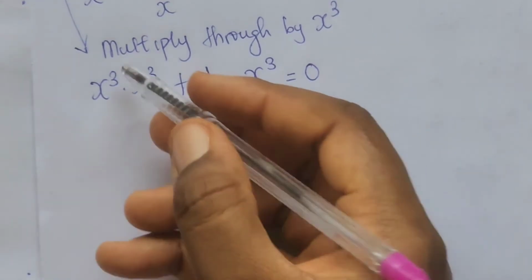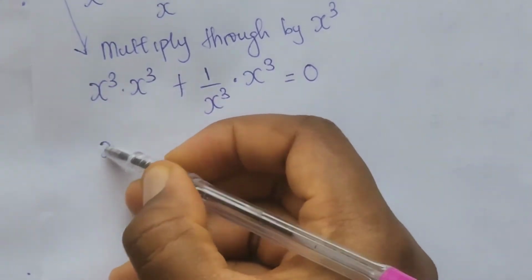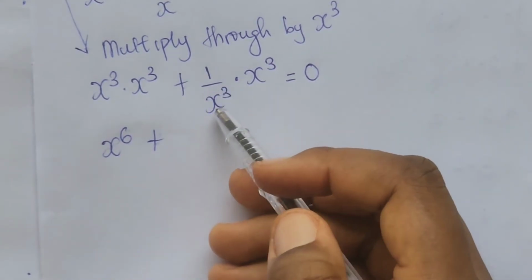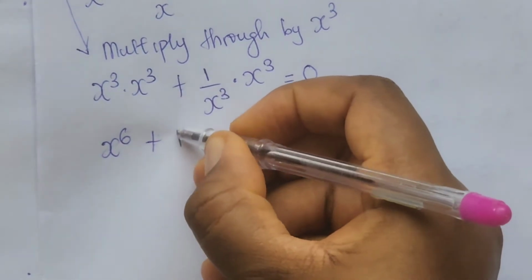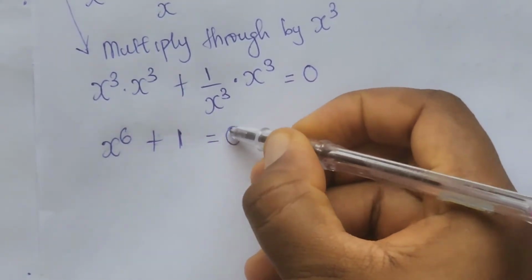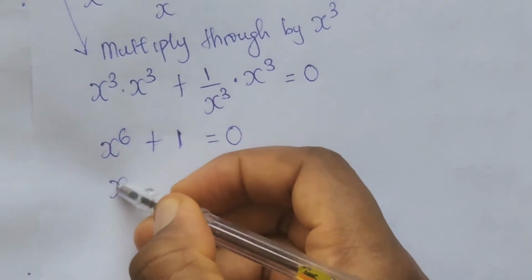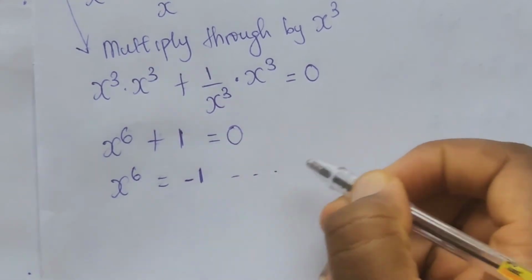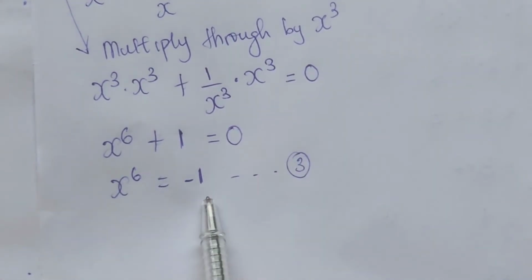So this times this will add up the powers to have x to the power of 6. We have plus, this will cancel out this, so we have plus 1 to be equal to 0. So from here our x to the power of 6 is equal to minus 1. So we have equation 3.